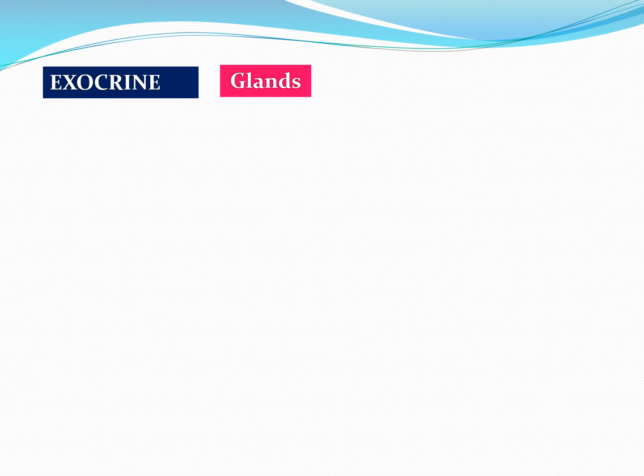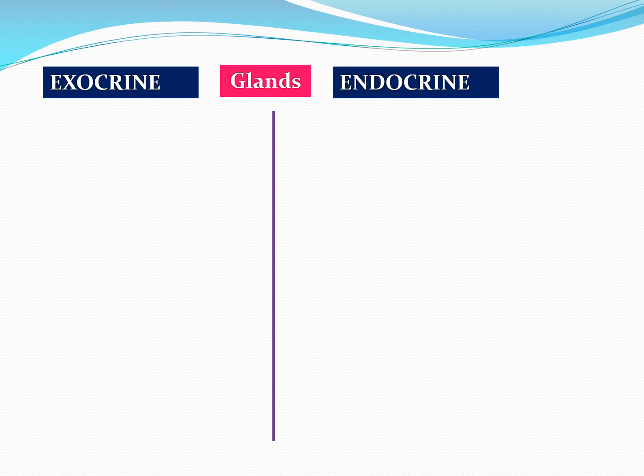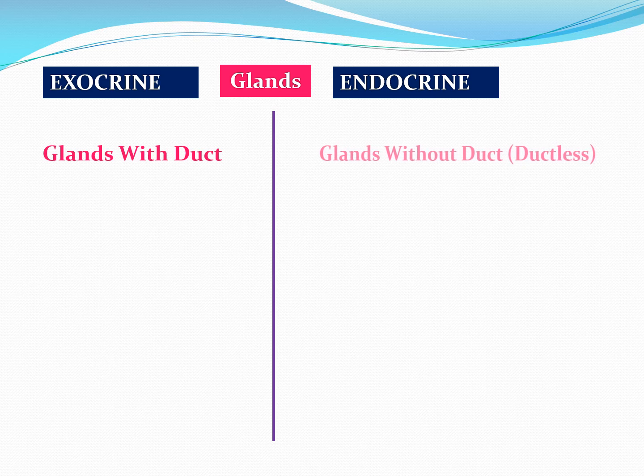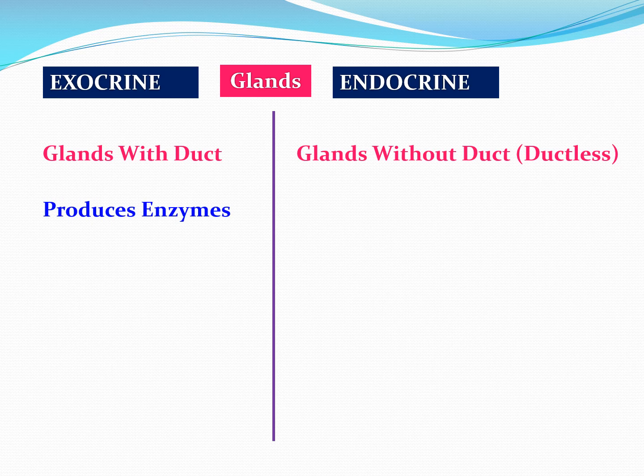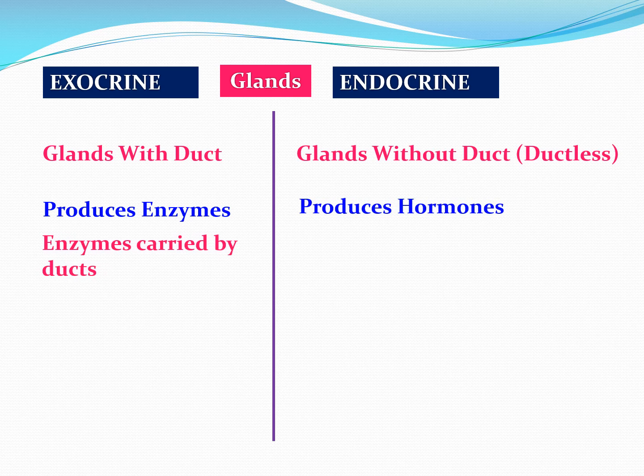Let us see the differences between exocrine and endocrine glands. So, exocrine glands are the glands with a duct, endocrine glands are without a duct, that is, ductless glands. Exocrine glands produce enzymes, endocrine glands produce hormones.